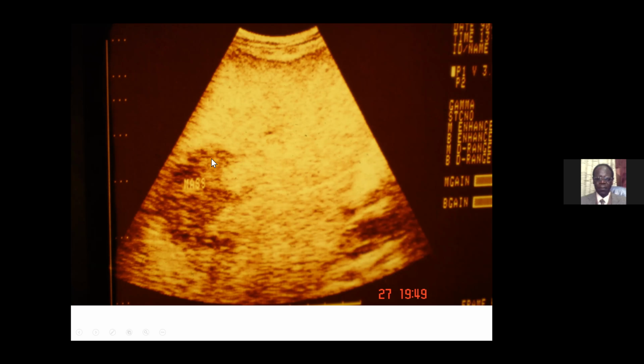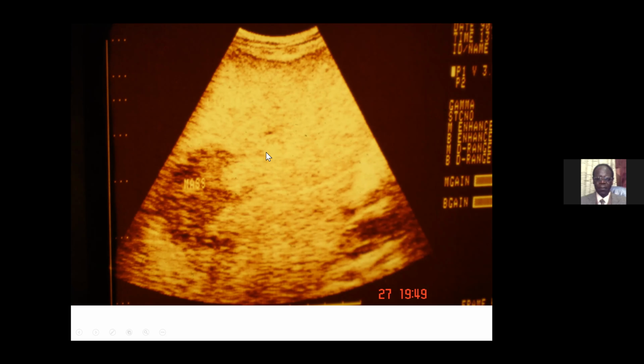And there's a mass in the right lobe, which is hypoechoic, and it has got areas extending into the rest of the liver texture.